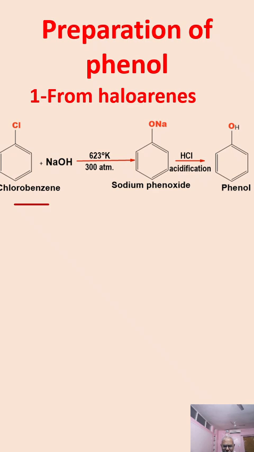These are extraordinary conditions, not ordinary, because this reaction is not feasible at ordinary temperature and pressure. Then sodium phenoxide is formed, and after acidification, this gives rise to phenol.